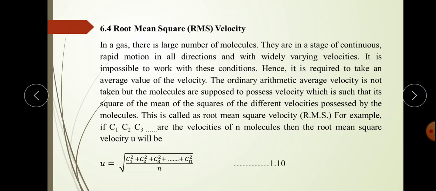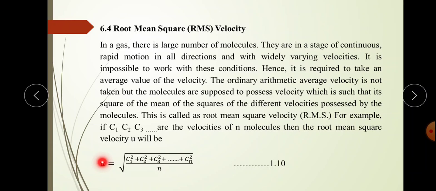The ordinary arithmetic average velocity is not taken, but the molecules are supposed to possess a velocity which is the square root of the mean of squares of different velocities possessed by the molecules, and this velocity is known as the root mean square velocity, that is RMS.